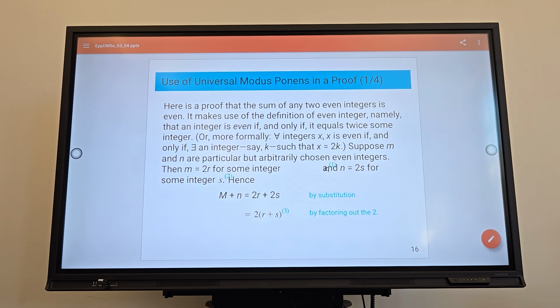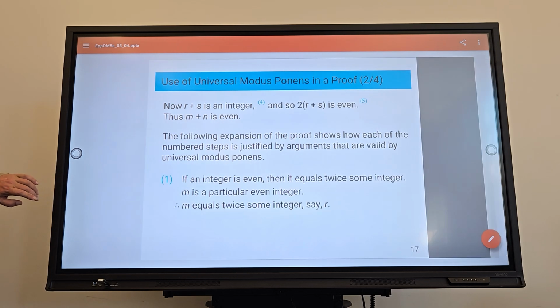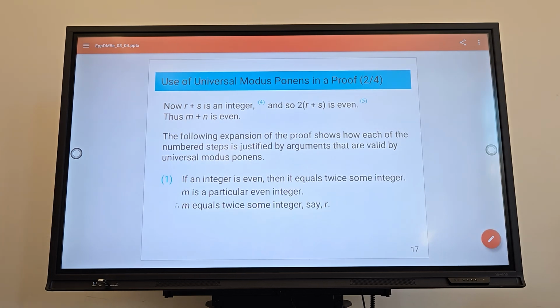Factor out the 2 and you get 2 times the quantity r plus s. Now, r plus s is an integer because the sum of two integers is an integer. And so 2 times the quantity r plus s is even. Thus, m plus n is even.